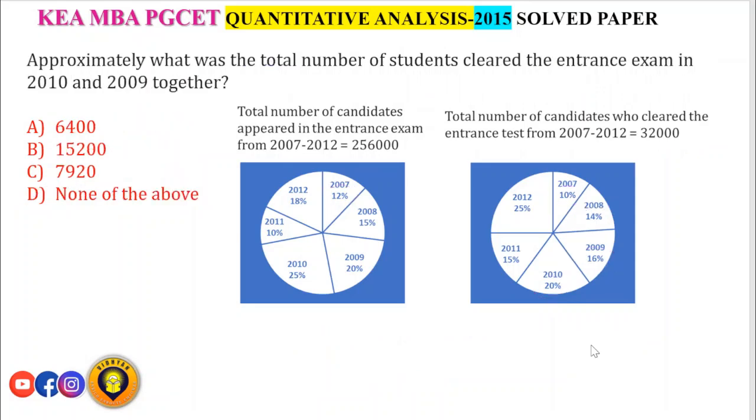Okay. So the final question. Approximately what was the total number of students cleared the entrance exam in 2010 and 2009 together? So 2010 is 20% and 2009 is 16%. 20 plus 16, 36%.